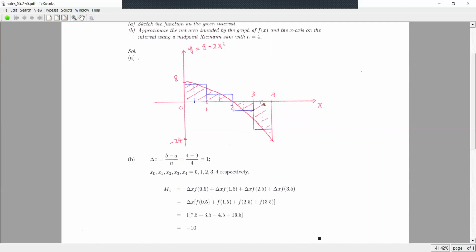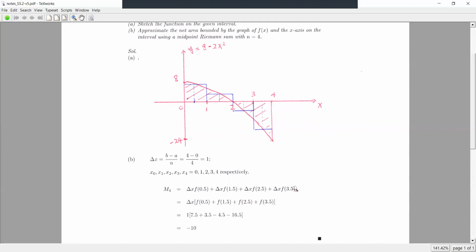Also pick the midpoint between 3 and 4. The function value at this midpoint is the height to build the fourth rectangle. The fourth rectangle also lies below the x-axis because the function value at this midpoint is negative.